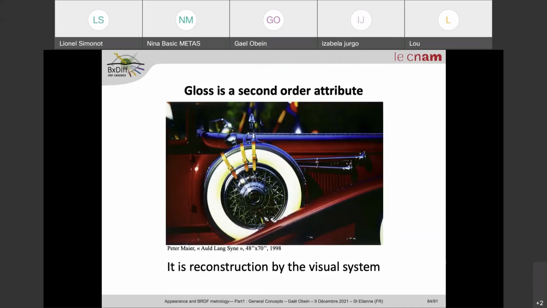And the last thing, maybe one thing that is important, is that gloss is what we call a second order attribute. It's taken by your retina, but it's processed by your brain. For instance, here you see the gloss of this car, but in fact it's not. There is no gloss here. The wall is white and matte.